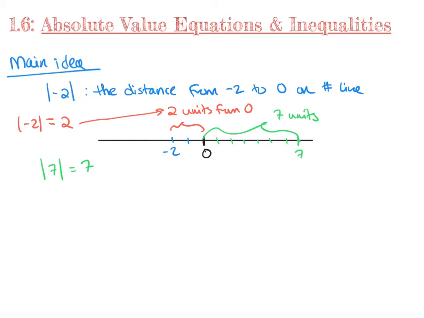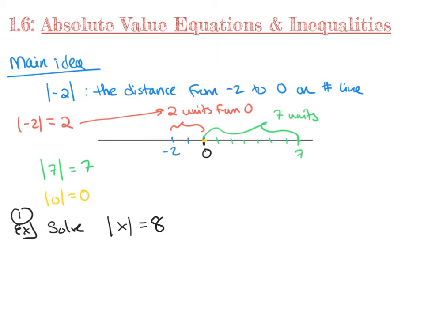And finally, the absolute value of 0 itself, well, 0 is 0 units away from itself. So the absolute value of 0 is perfectly okay. It's equal to 0. What's going to happen in this section is we're going to get problems like, for our first example, say we have to solve the absolute value of x equals 8.